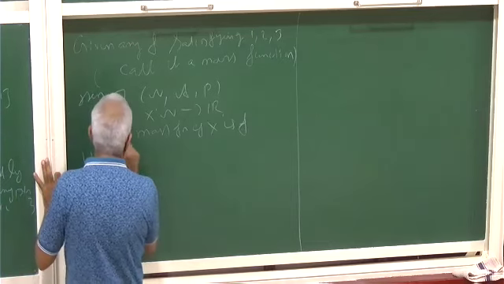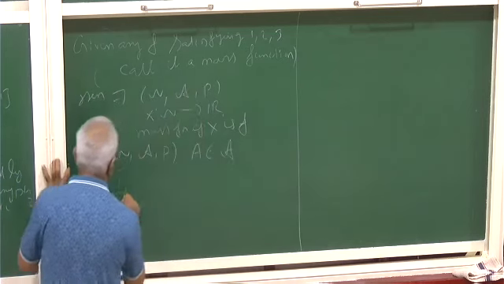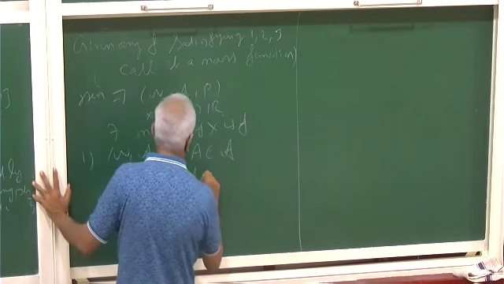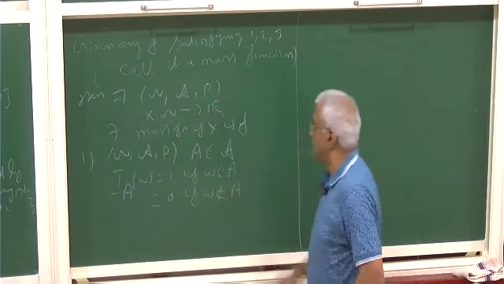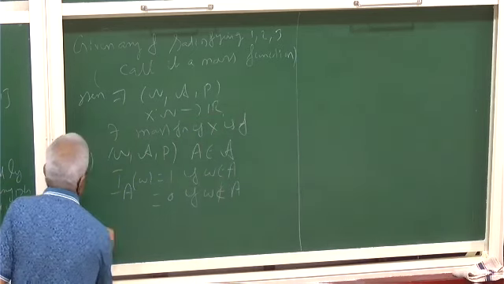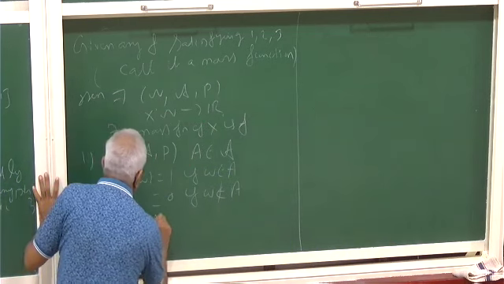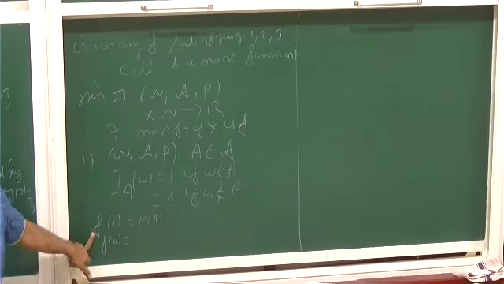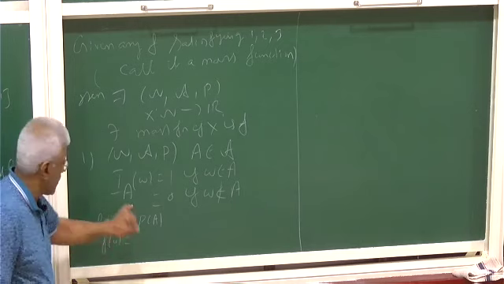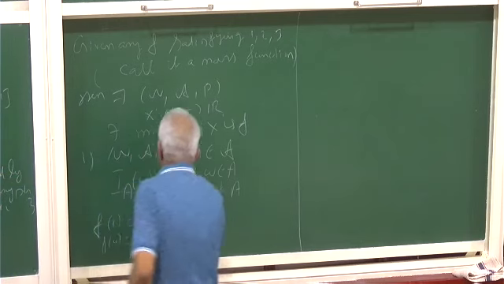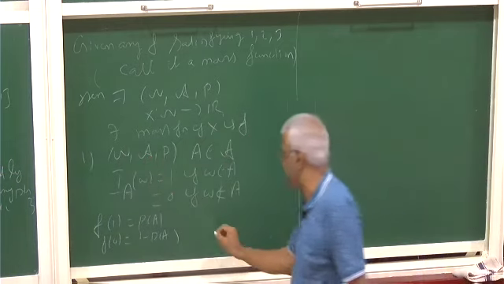If you have a probability space and A is in the sigma-algebra, then the indicator function of A at omega equals 1 if omega is in A, and equals 0 if omega is not in A. Then the mass function f of 1 equals the probability of A, and f of 0 equals 1 minus P of A. The mass function is non-zero only at the points 1 and 0.